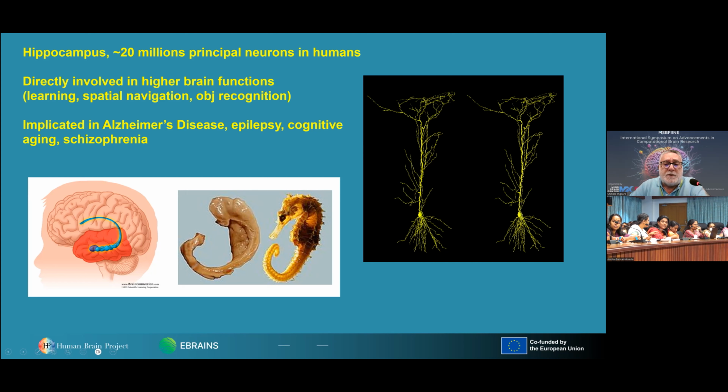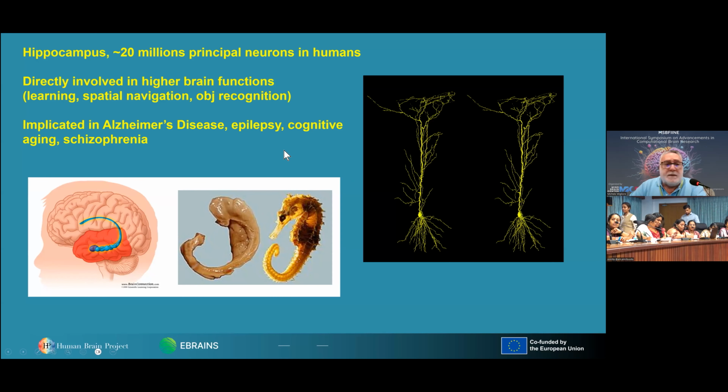This is a way in which we can actually model what we call in silico experiments. They are simulations which are very closely related to the real biological experiments. Our model in which we focus most of our research is the hippocampus, and there are reasons for that.